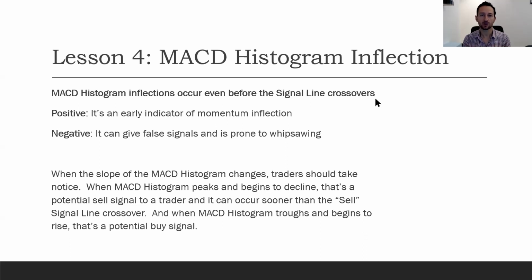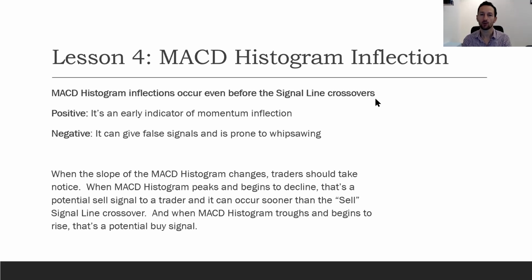So it gives you a warning. Or if the price has been declining and it starts flattening out and the histogram bars are starting to improve for a couple of days in a row, then that may be an opportunity potentially to get involved. And again, a warning. So that, I think, is a good tool to have.